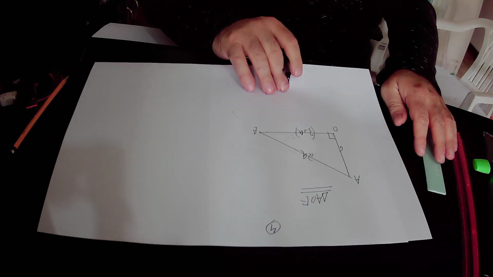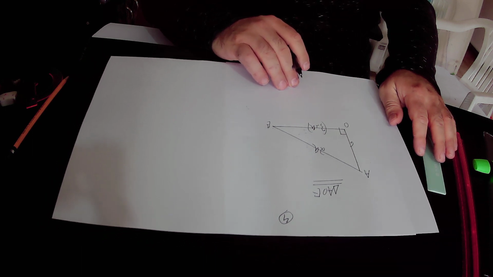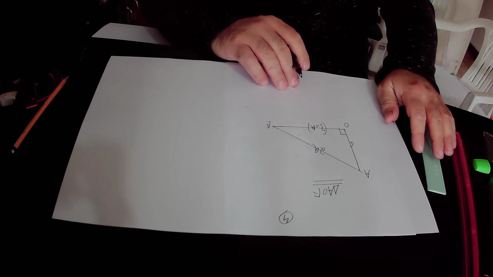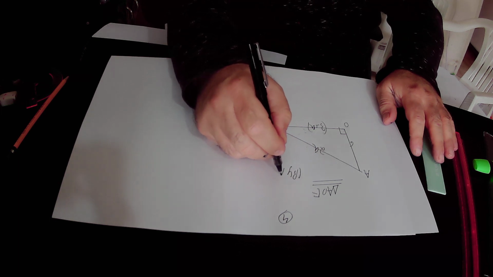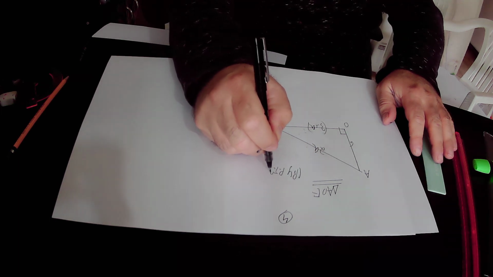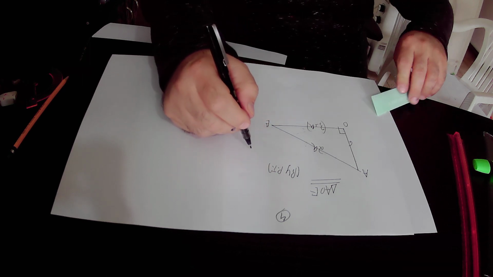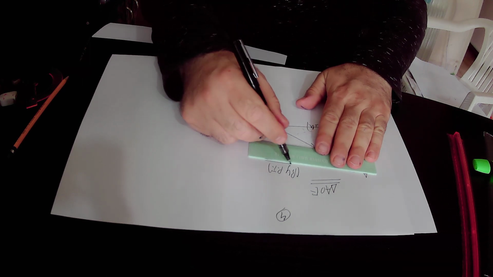In the right triangle AOE, we implement the Pythagoras theorem by PT, the abbreviation for Pythagoras theorem. The square of the hypotenuse equals the sum of the squares of the perpendiculars.